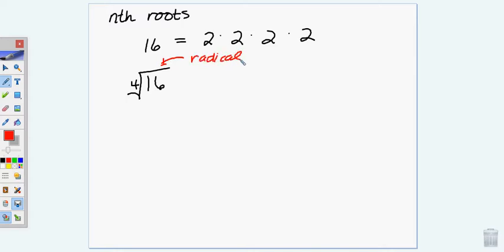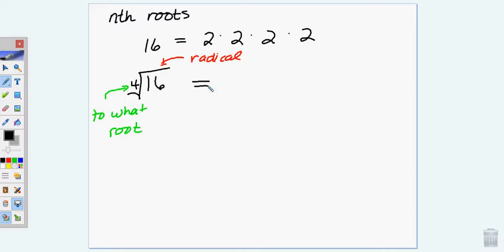Okay, this part on the inside tells you to what root. And it tells you that by asking you or telling you to find the number when it's multiplied by itself that number of times equals the number under that square root sign. So what this is essentially asking me is something times itself 4 times equals 16, okay?